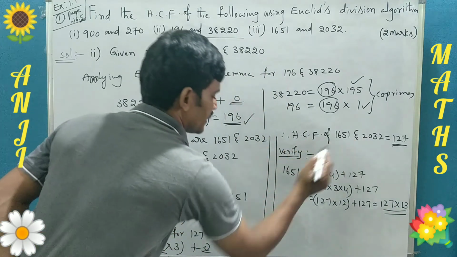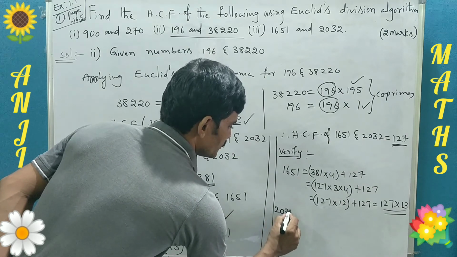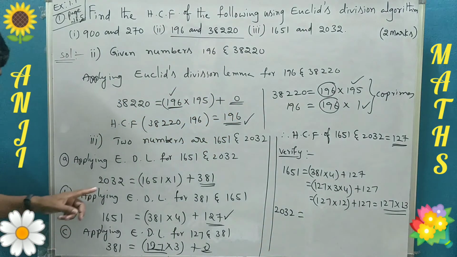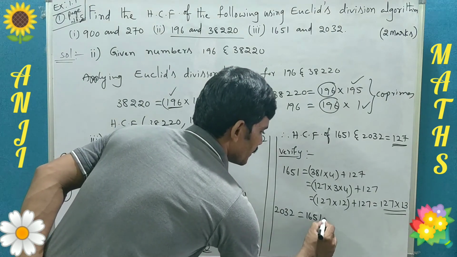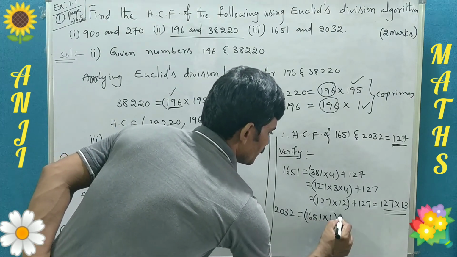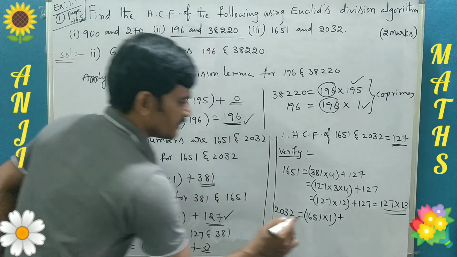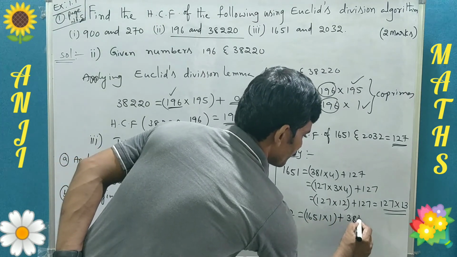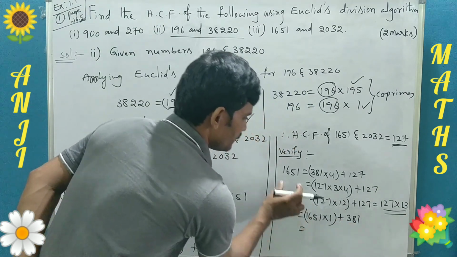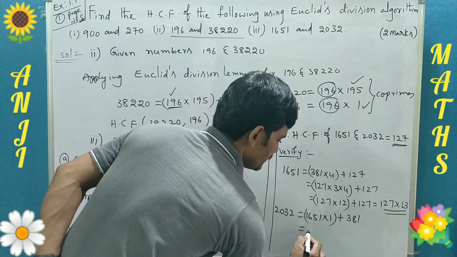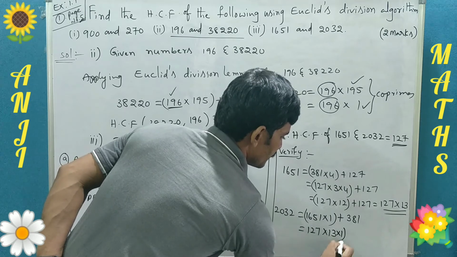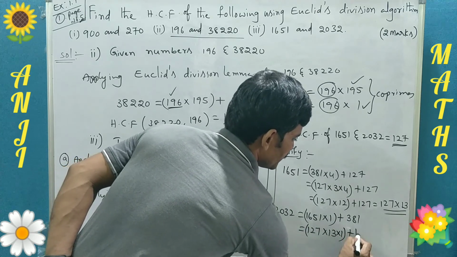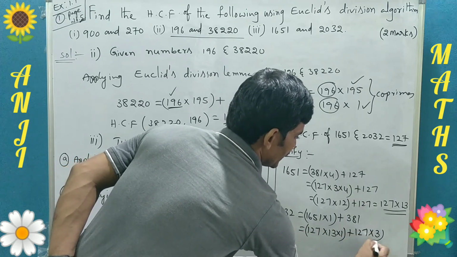Now let me write the second one, 2032. 2032 can be written as 1651 taken one time plus remainder 381. 1651 means 127 how many times? 127 times 13, plus 381 means 127 times 3.